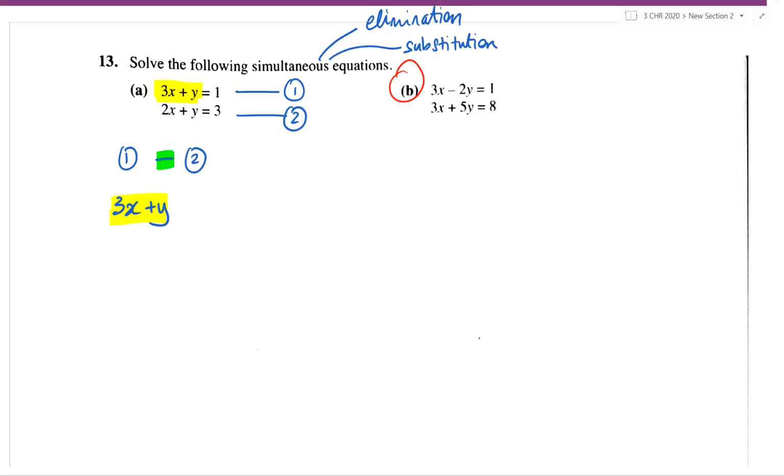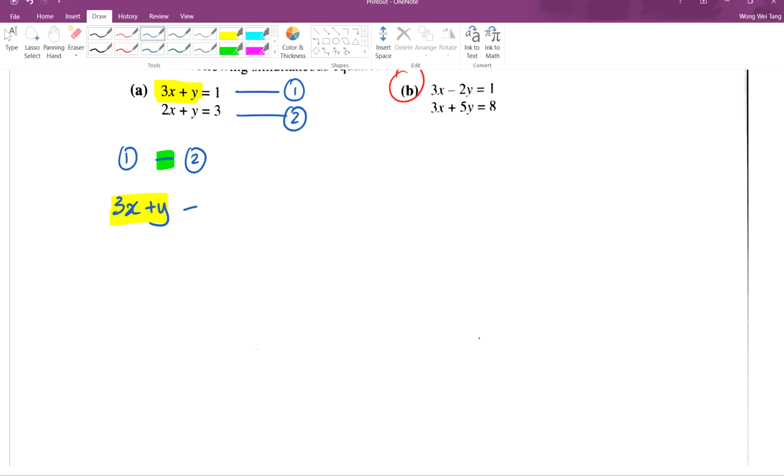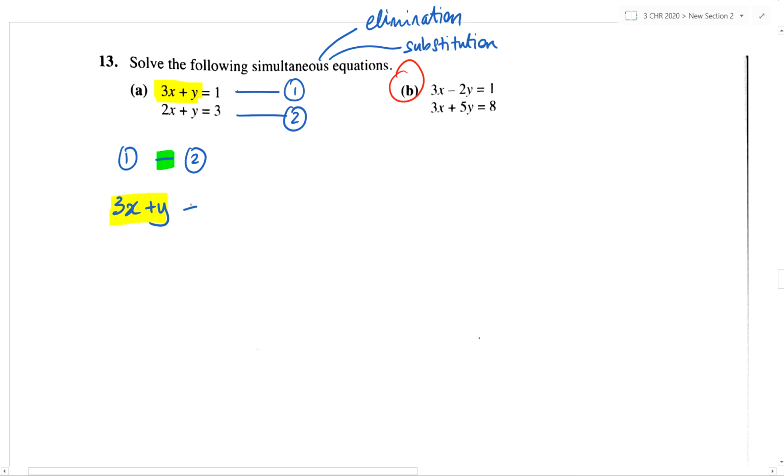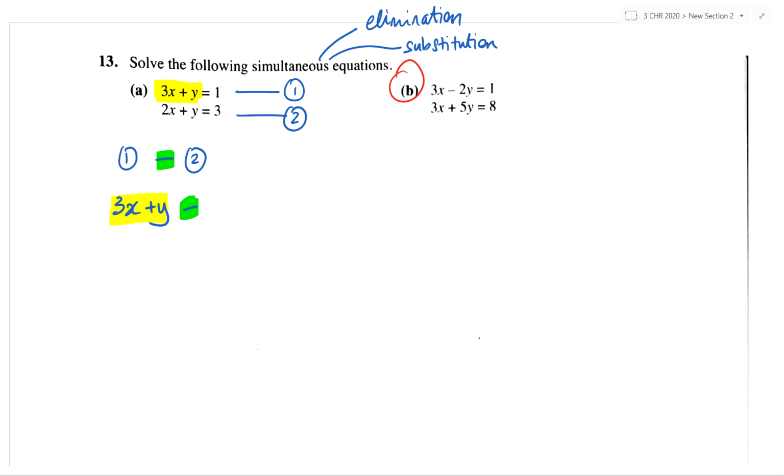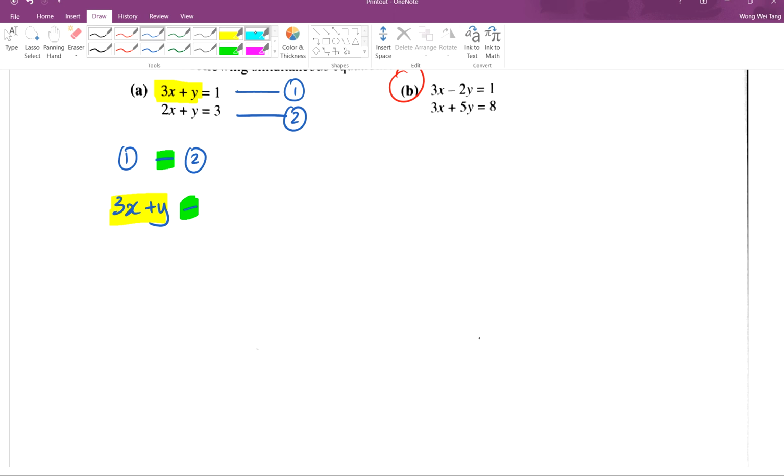Just write down the minus. Highlight it in green for you. Finally, we are now going to minus off whatever is on the left hand side of equation number 2. Let's use 2.